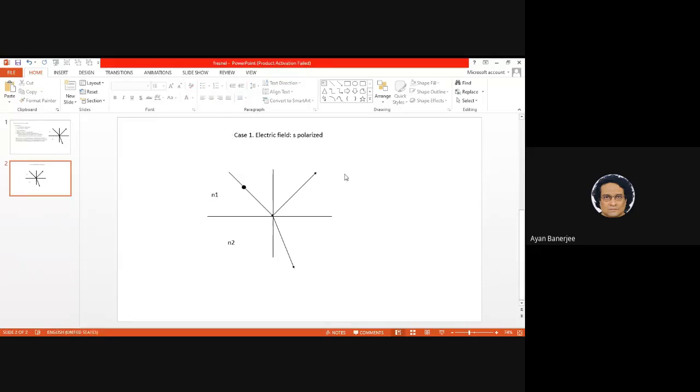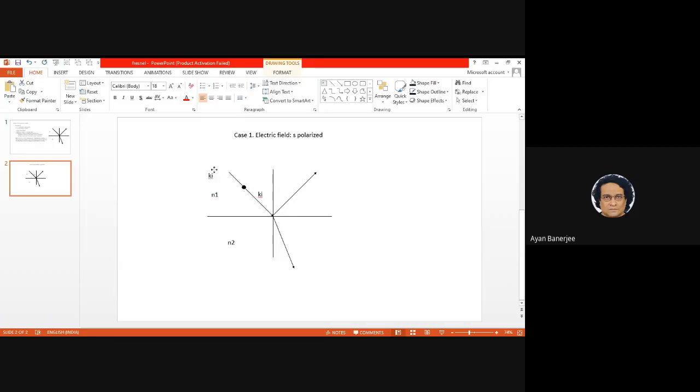So this is coming out, right? And then I have my K, which is in this direction that you see. K, I say. So the electric field E_i is coming out of the plane.